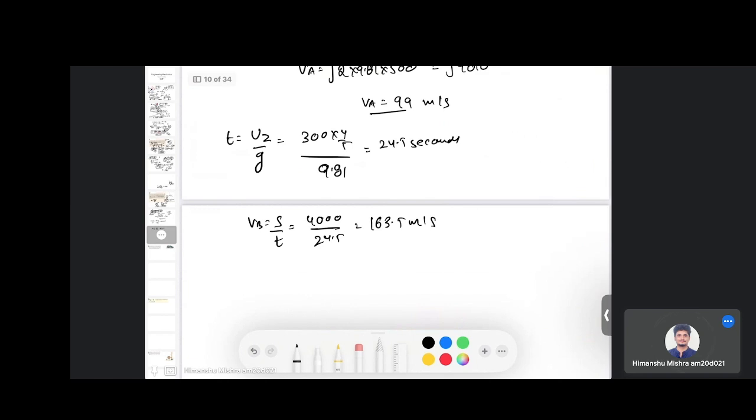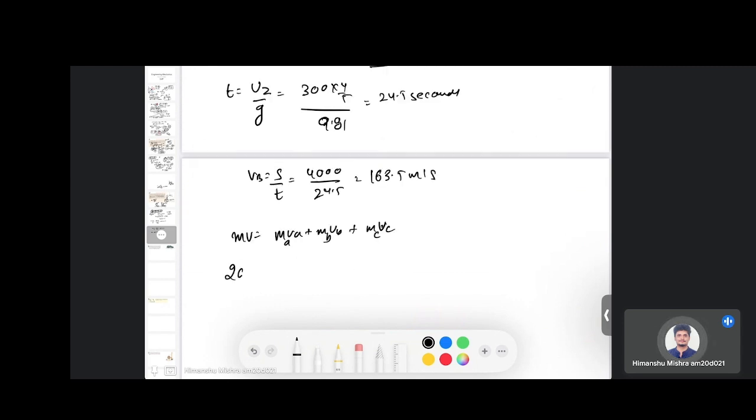So it will be mv equals m_a v_a plus m_b v_b plus m_c v_c. The initial mass is 20 kg and v is 3 by 5 v, so 300 multiplied by 3 by 5. Now m_a is 5, and it is in the k direction, and this is in the i direction.